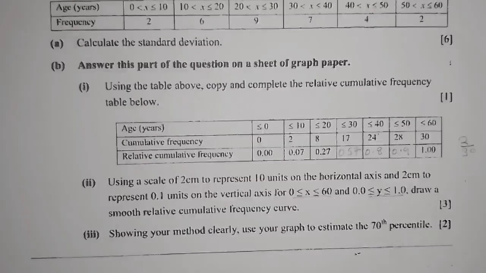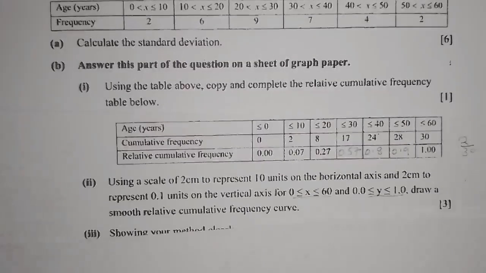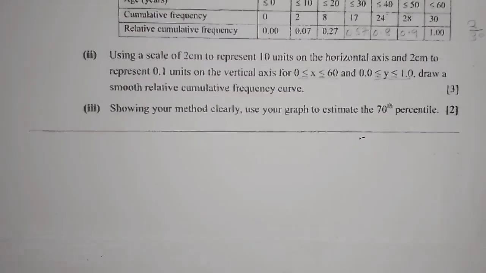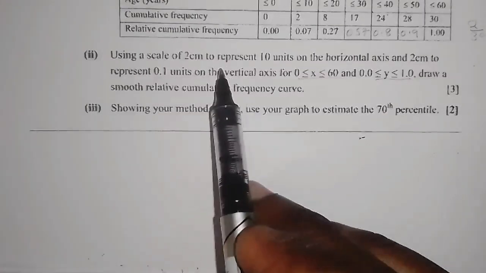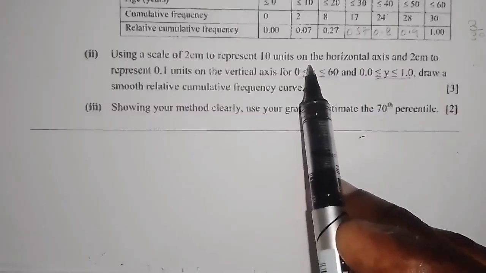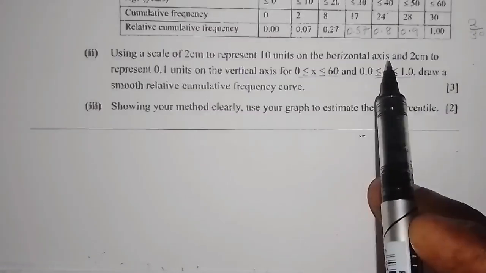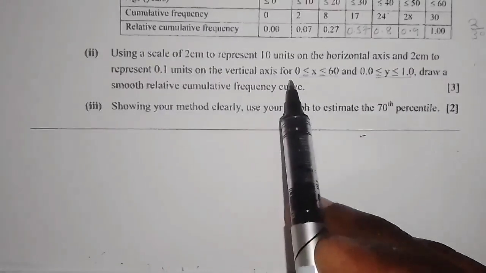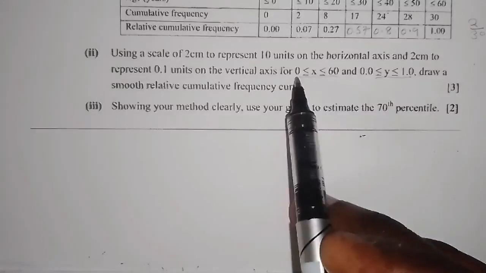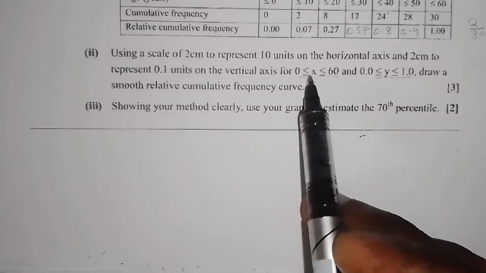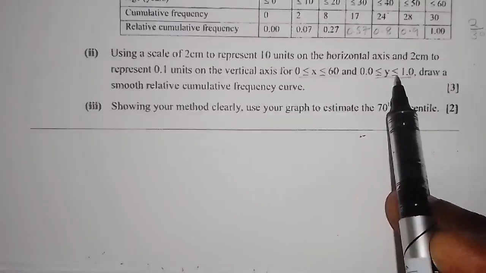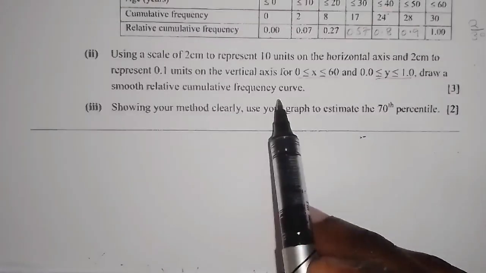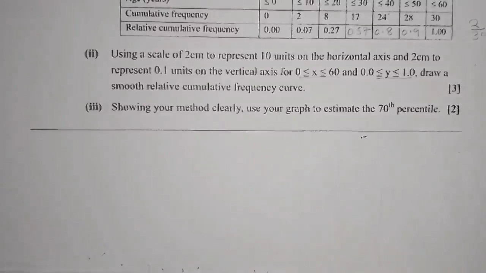The question says using a scale of 2 centimeters to represent 10 units on the horizontal axis and 2 centimeters to represent 0.1 units on the vertical axis, for the range 0 to 60, and for the y-axis 0.0 all the way up to 1, draw a smooth relative cumulative frequency curve.